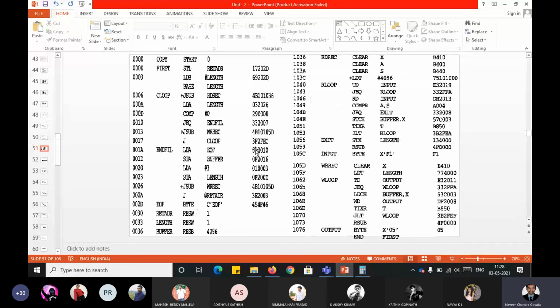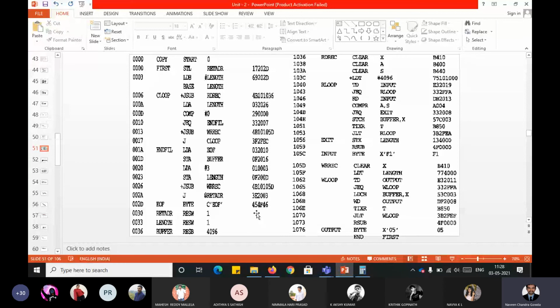The second text record we are starting at 2016, but as soon as we reach 454F46, we have a few reservation instructions, because this is where you only reserve memory space for which you don't have any object code. So the text record needs to be stopped here itself, and you need to leave the space like this.